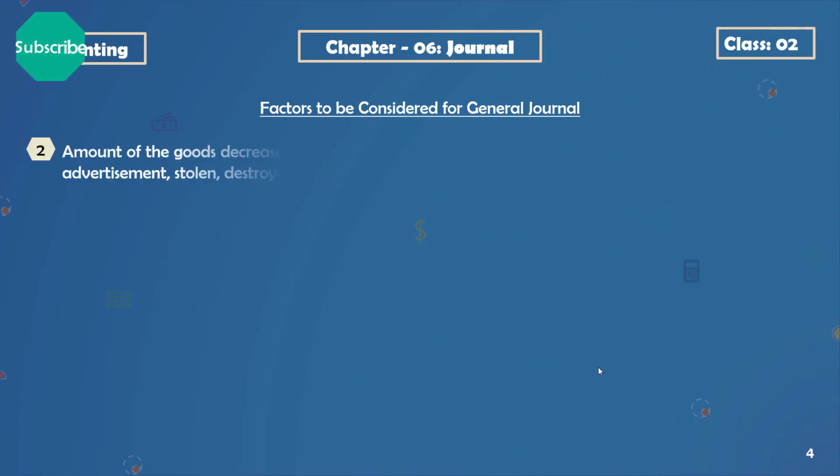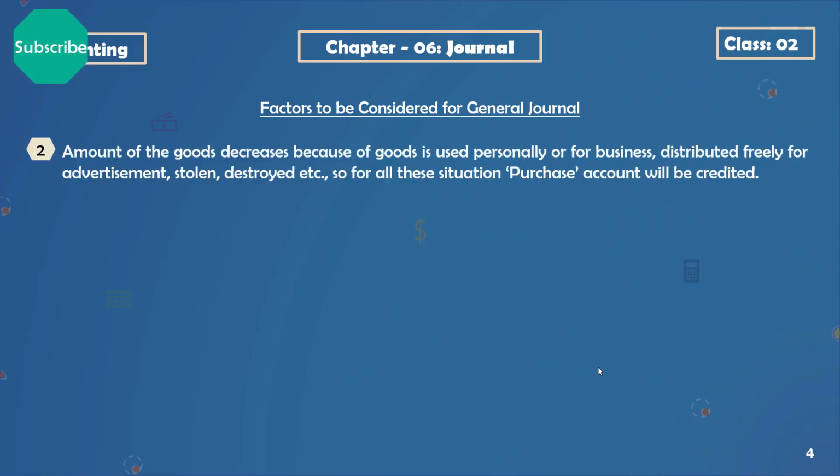Next one, number 2: the amount of goods decreases because goods are used personally or for business, distributed freely or for advertisement, stolen, destroyed, etc. So many reasons. For all these situations, purchase account will be credited.